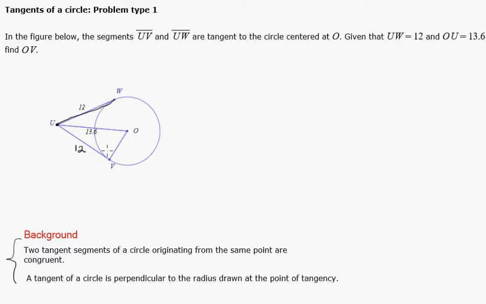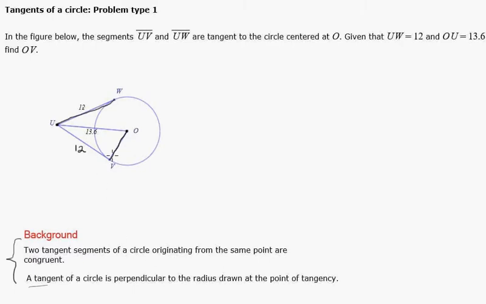Now, we also see that they've drawn the radius from the center of the circle right to where the tangent line touches. So there's another property. A tangent of a circle is perpendicular to the radius drawn at the point of tangency.